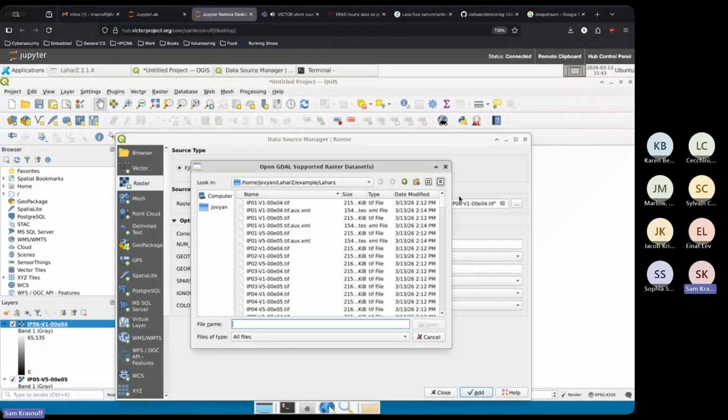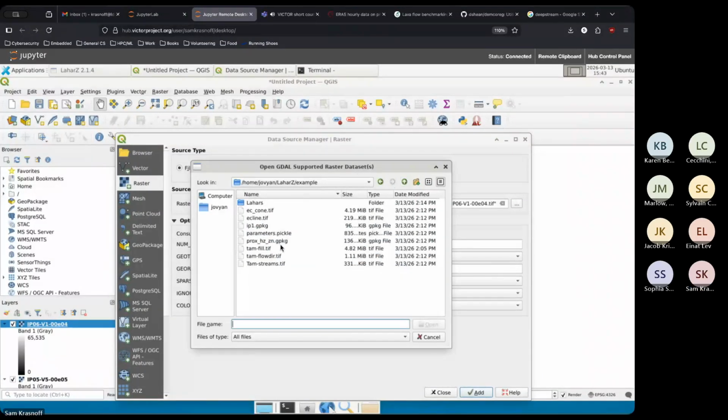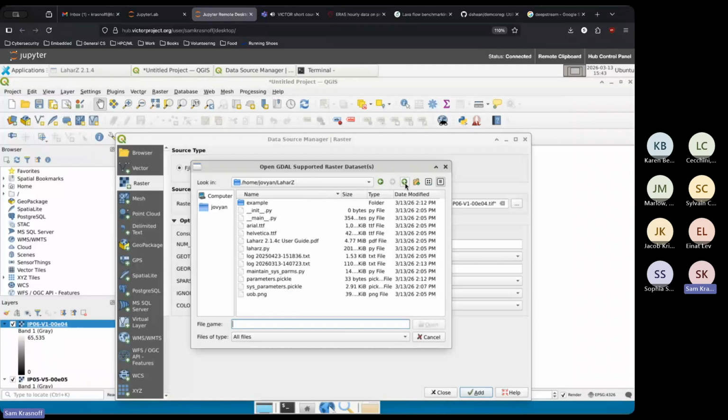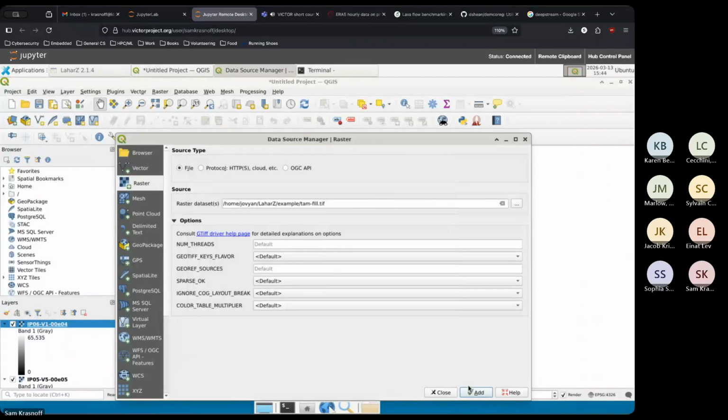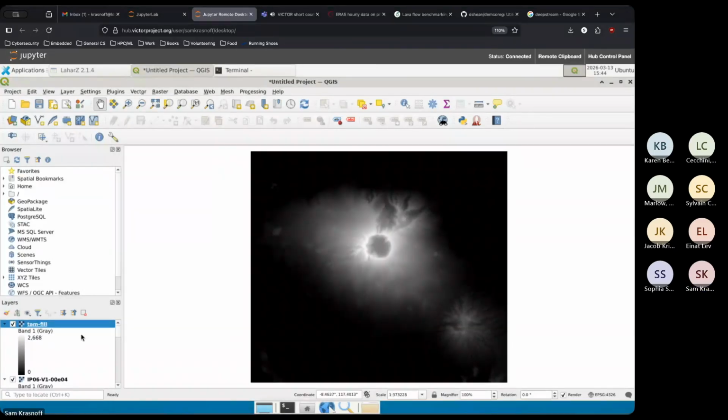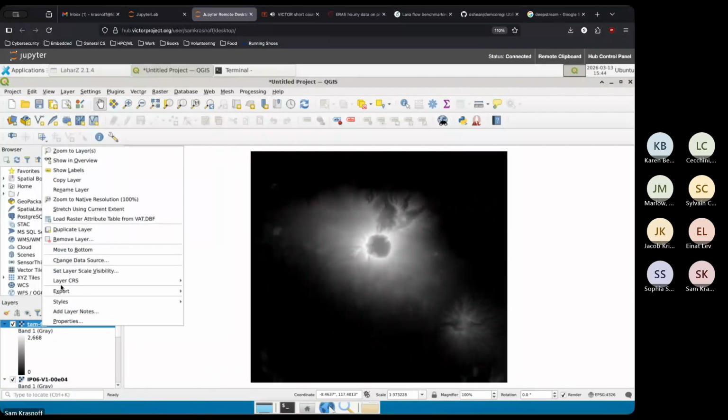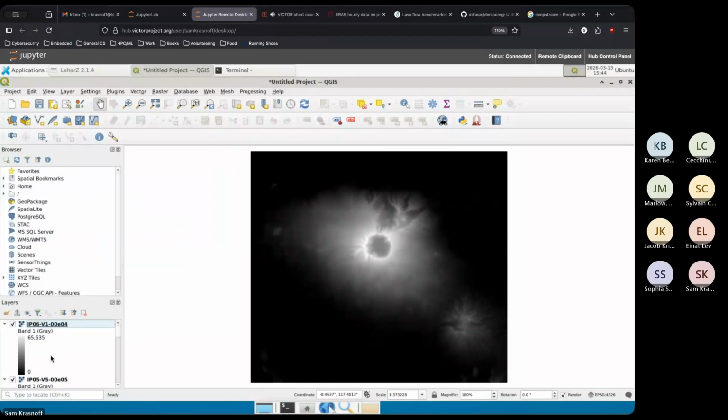And then let's also add the actual flows. A little hard to see here, but this is using a different DEM.